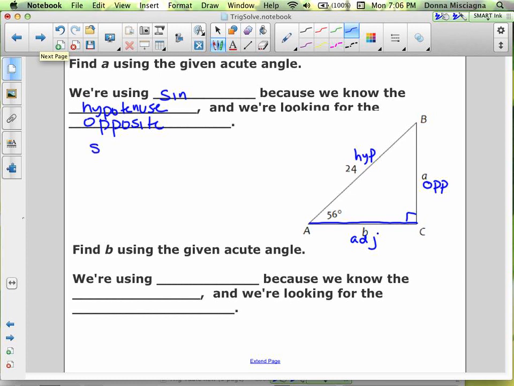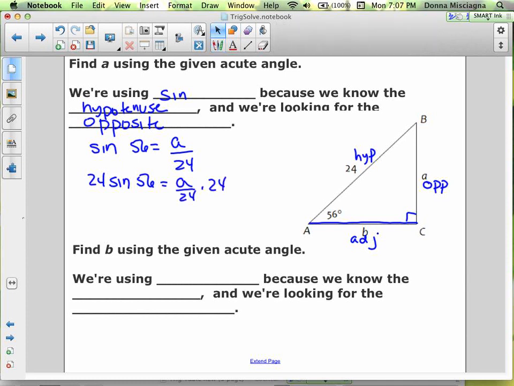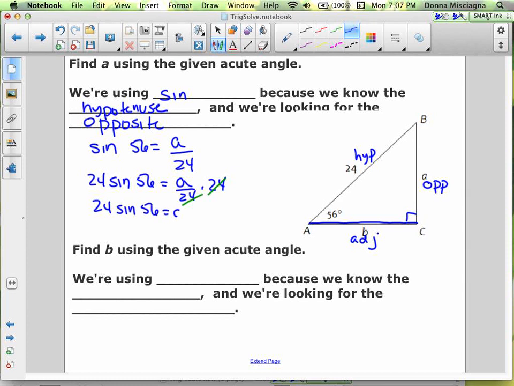We have sine 56 equals opposite, which is A, divided by hypotenuse, which is 24. We'll multiply both sides by 24, so we have 24 sine 56 equals A divided by 24 times 24. We cross off the 24s, and we have 24 sine 56 equals A.